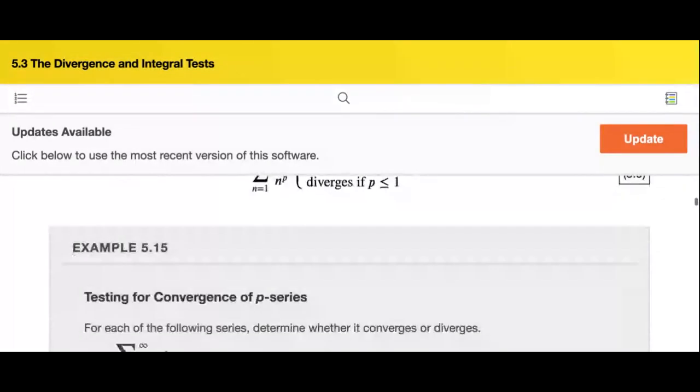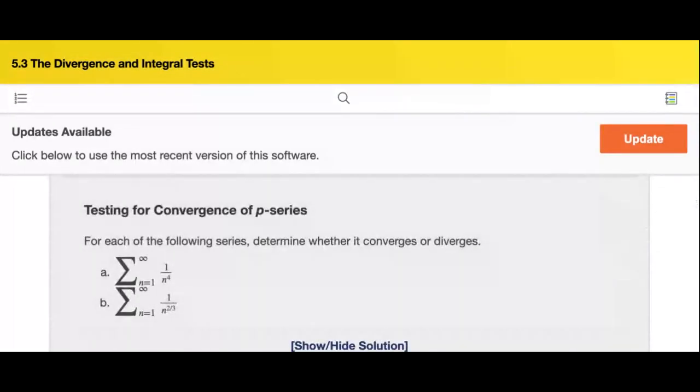All right. So let's see these examples. We have 1 over n raised to 4, so p equals 4. Since p equals 4 is greater than 1, it converges. What does it converge to? It converges to 1 over p minus 1, so 1 over 4 minus 1, which is 1/3.